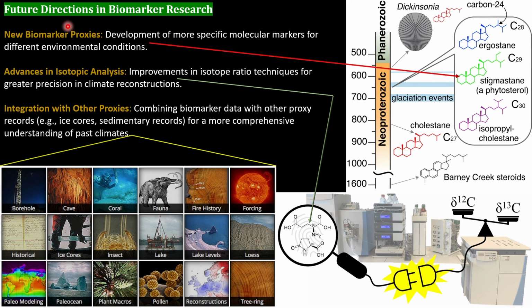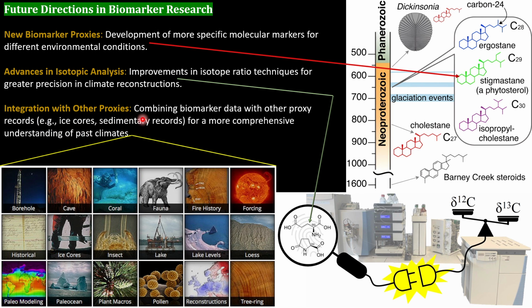So this is the future direction of the biomarker. The suggestion is that new biomarker proxies will be developed for better paleoclimatic reconstruction. Also, advances in isotopic analysis, for example, not being strictly limited to carbon, sulfur, or oxygen isotopes, so there will be more and more isotope analysis.